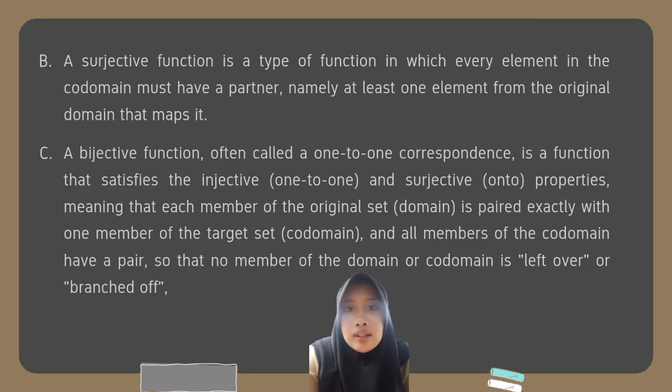A bijective function, often called a one-to-one correspondence, is a function that satisfies the injective one-to-one and surjective onto properties, meaning that each member of the original set domain is paired exactly with one member of the target set codomain, and all members of the codomain have a pair so that no member of the domain or codomain is left over or branching off.